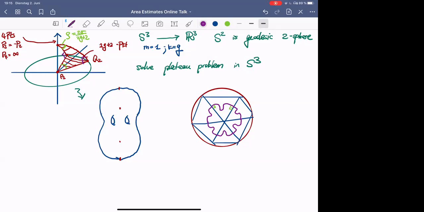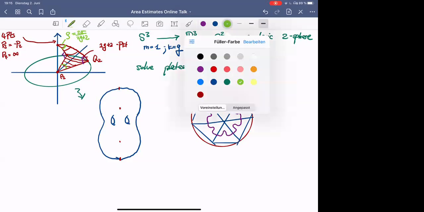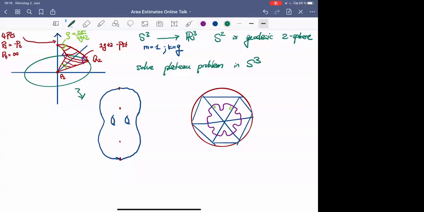So that's the same philosophy as in the Lawson surface case. So what we end up with, in our case of m equals 1 and k equals g, is really a 2g plus 1 symmetric surface.